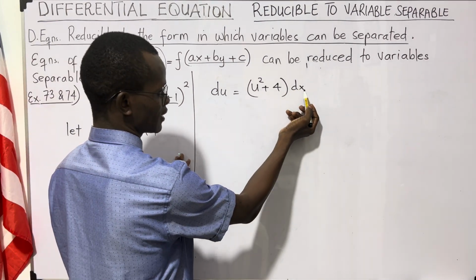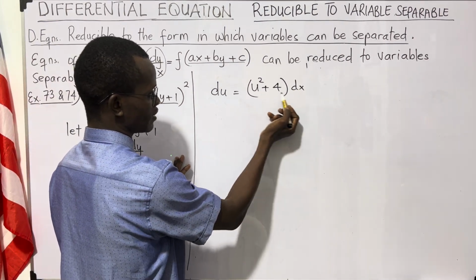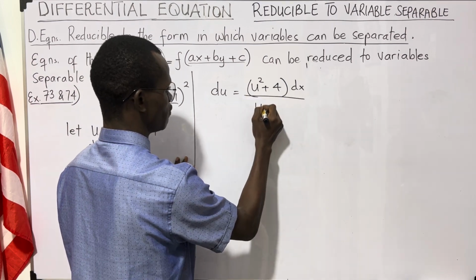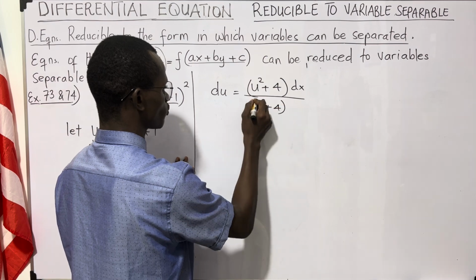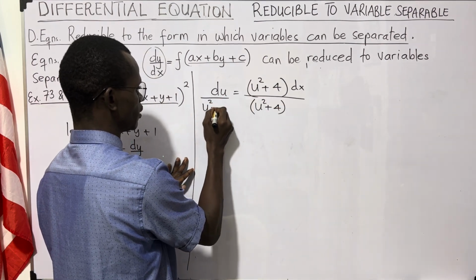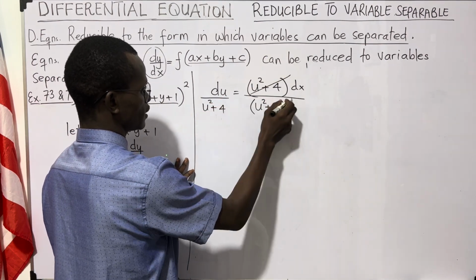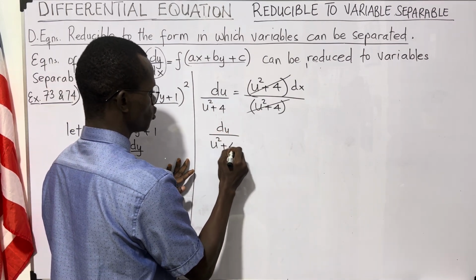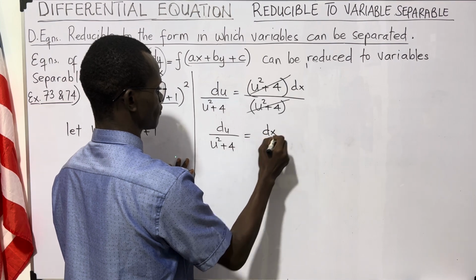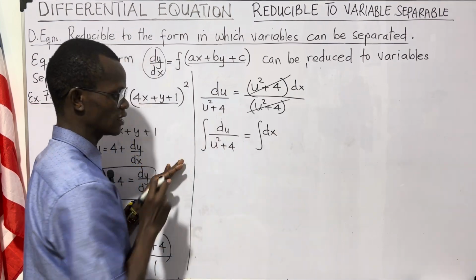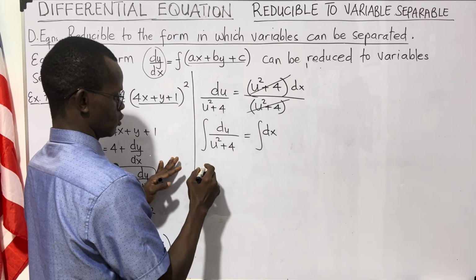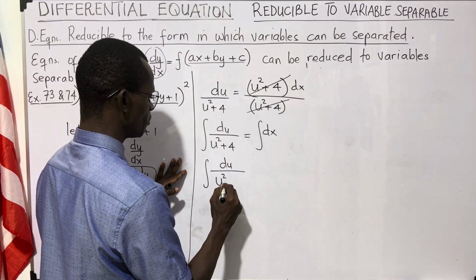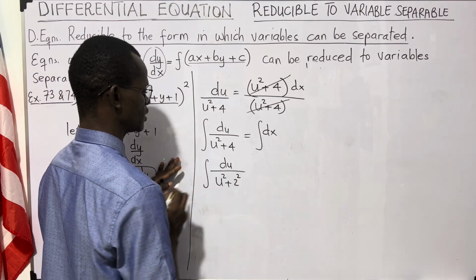Again, this is x. So we only need x right there. So since the variable in here is not x, we have to get rid of it. So we divide both sides by u squared plus 4. We divide this out by u squared plus 4 as well. So this cancels. You have du over u squared plus 4 is equals to dx. So we now integrate both sides. So we can rewrite this as du all over u squared plus 2 raised to the second power.